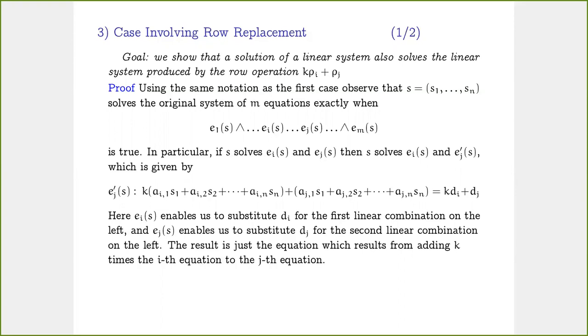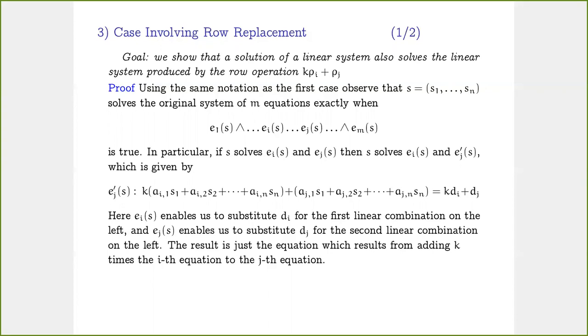We know that that linear combination equals d_i, because we're assuming that S solves E_i, so we can replace it with d_i. And we're assuming that E_j is true, so the linear combination a_j1 up to a_jn is equal to d_j. So we can substitute that value in, and that produces the right-hand side.